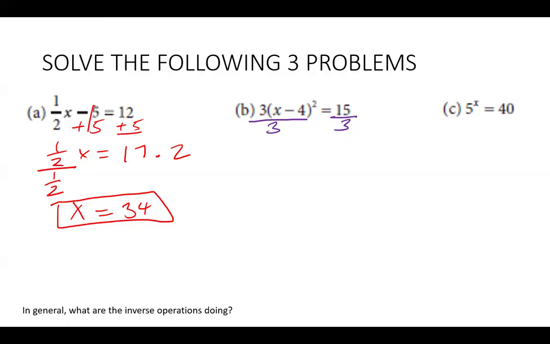If this was a math sentence, I would start with the last thing I wrote, right? And the last thing you would have done was multiplied by 3. So I would have to undo that multiplication by 3. And to undo that multiplication by 3, I would divide by 3.